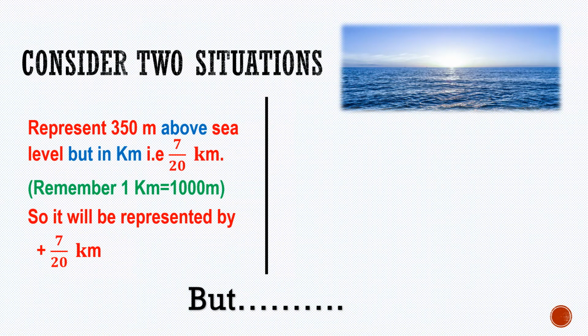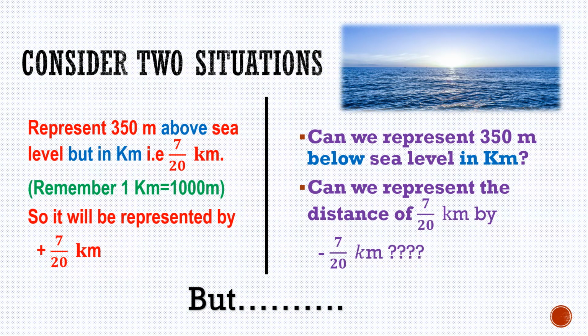Now let us consider the second situation, where you have to represent 350 meters below sea level in kilometers. We have already done the conversion: if I convert 350 meters into kilometers, the answer will come out to be 7 over 20. But the point you should take note of is that now it is below sea level.